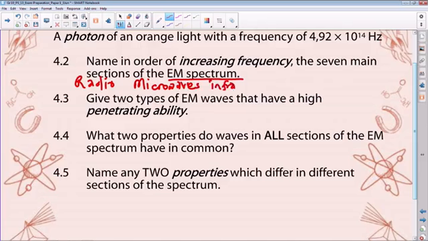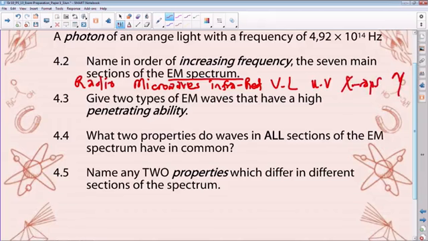Infrared radiation. From infrared, we've got visible light, which consists of the 7 colors of the spectrum. The RGB, we've spoken about that. Then we've got the ultraviolet. After the ultraviolet, we've got the X-rays, and then the gamma rays. Now, this is the full range of the electromagnetic spectrum. Give 2 types that have got the highest penetrating ability.